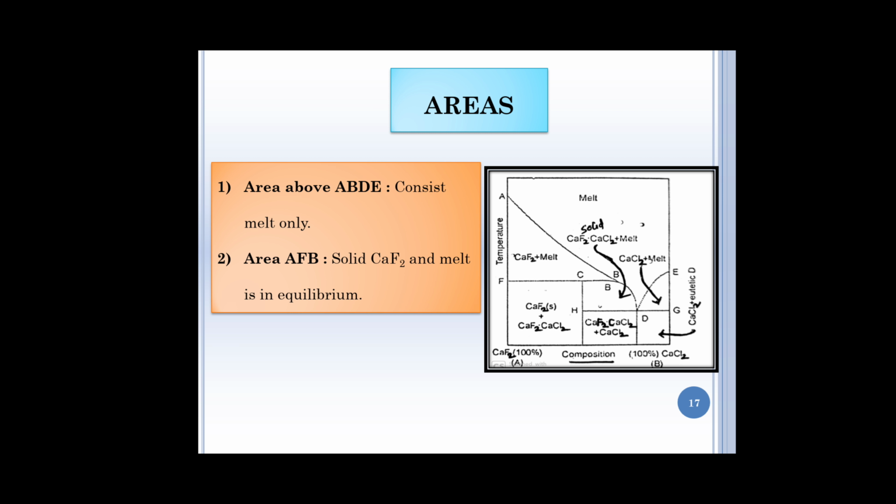The first is the area above ABDE, means area ABDE. This area consists only of the melt or the liquid. The next is area AFB. Here, AFB. In this AFB area, the solid CaF2 and melt are in equilibrium.